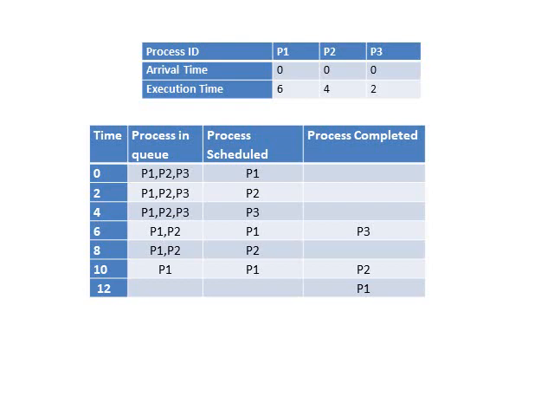Since P1 is the one which has come first, P1 is scheduled. P1 will take 2 milliseconds, because after 2 milliseconds the preemption occurs. So at the time instance 2 milliseconds, the processes in the queue are still P1, P2, P3, but the process that is scheduled is P2. P1 is preempted and P2 is scheduled.